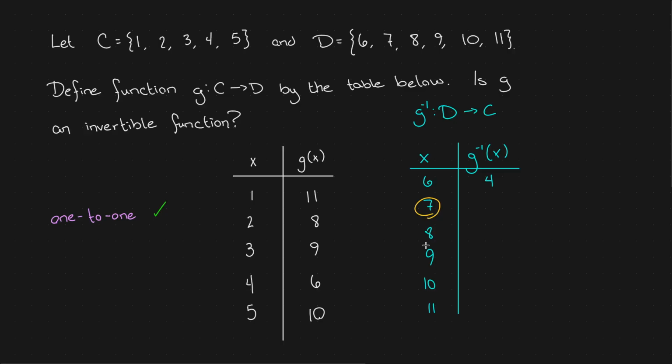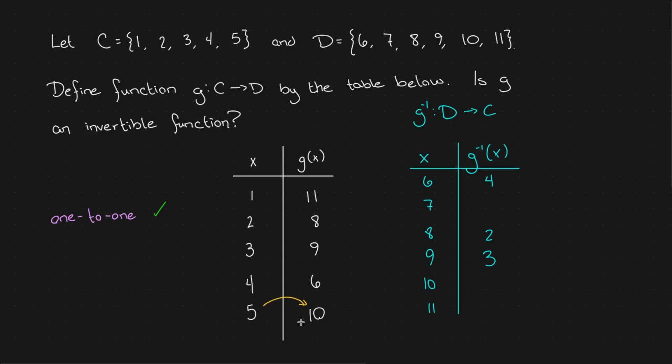I'm going to do this for each value. 7. And, well, wait a second. There's no 7 here, right? I could do 8. Since G of 2 is 8, G inverse of 8 is 2. I could do 9. Since G of 3 is 9, G inverse of 9 is 3. I could do 10.